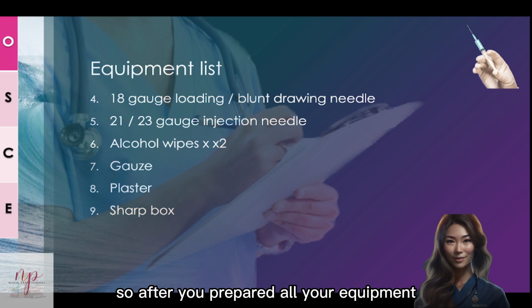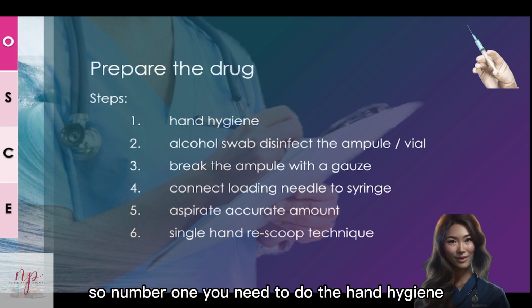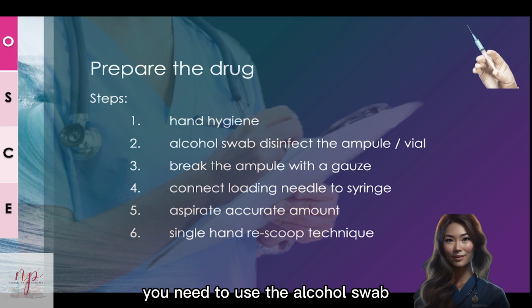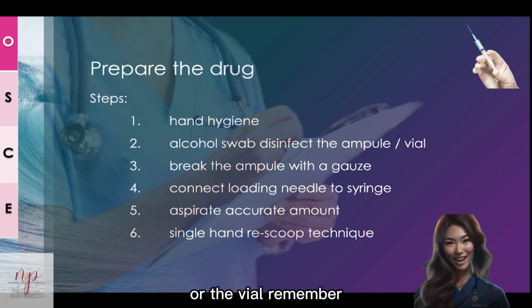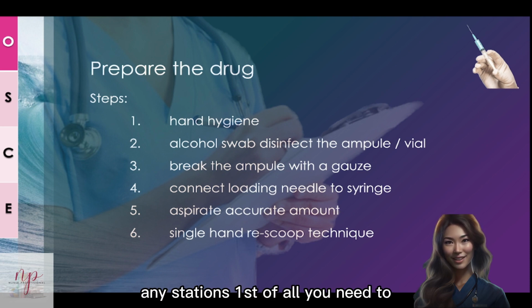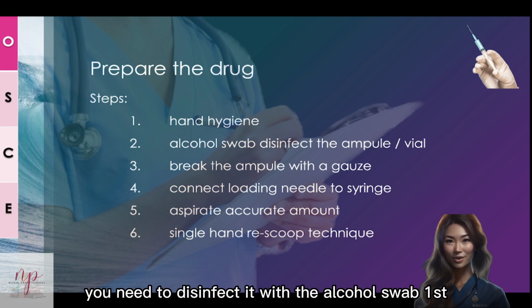So after you prepared all your equipment, you need to prepare the drug. So number 1, you need to do the hand hygiene. And then number 2, you need to use the alcohol swab to disinfect the ampoule or the vial. Remember, for all the things that you opened during any station, first of all, you need to disinfect it with the alcohol swab first.